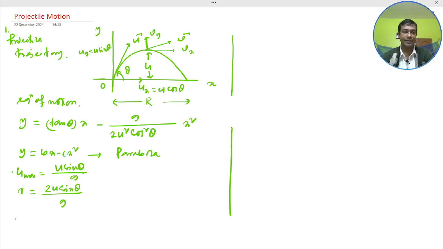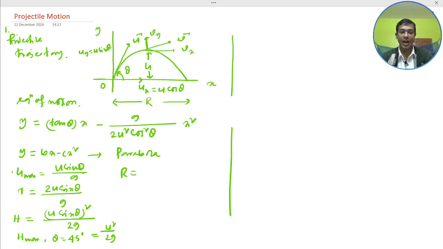Greatest height attained, defined as capital H, is u sin theta whole square divided by 2g, and the H max for theta 45 degree would become u square by 2g. Horizontal range is R, u square sin 2 theta by g, and the R max for theta 45 degree is u square by g.